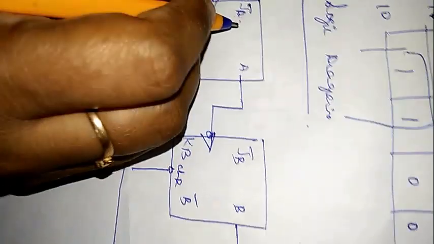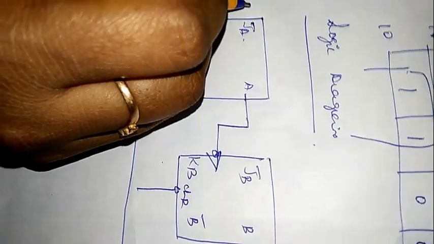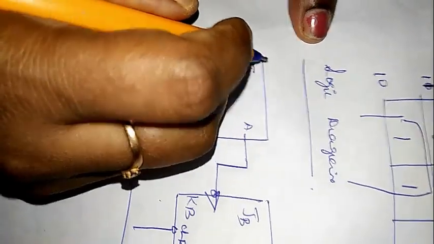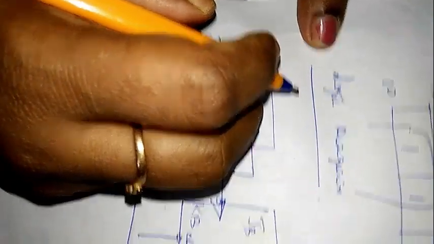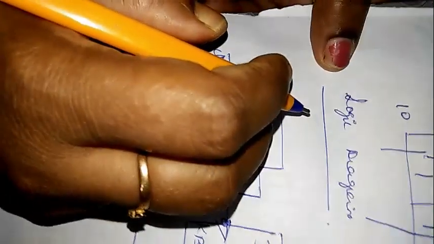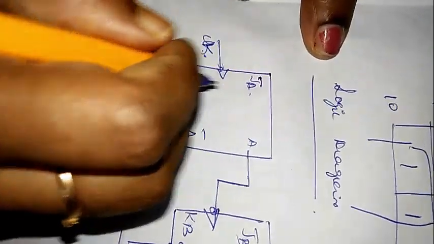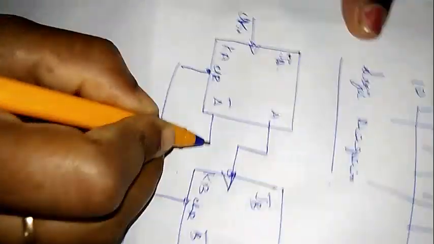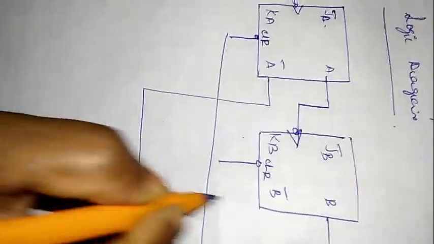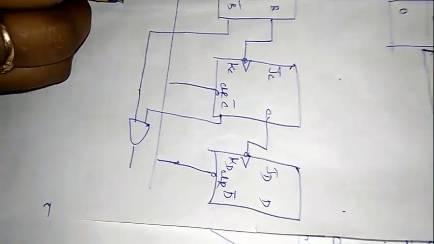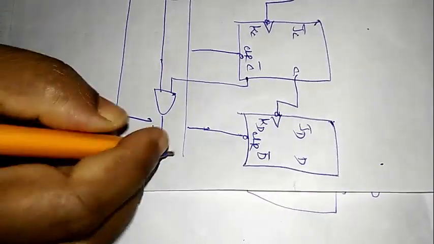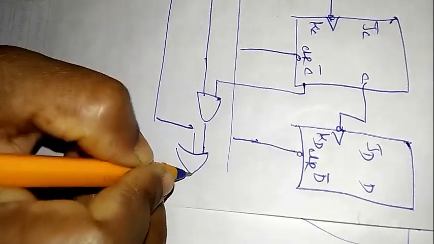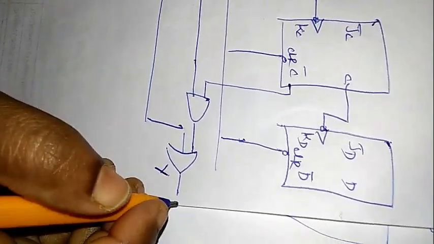So this is the clock, and you have JA, JB, JC and JD. Now I have to connect A bar, B bar, plus C bar, right? So these two will form my AND gate and this will form my OR gate. So this is my output which is given as Y, right?